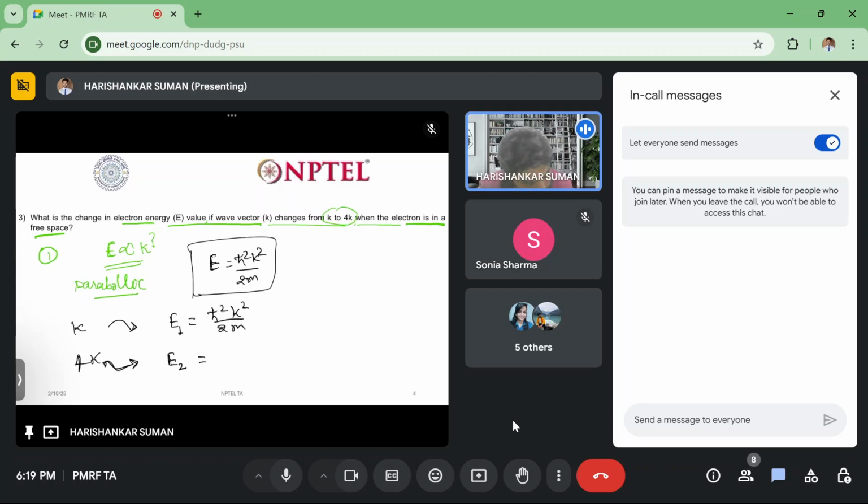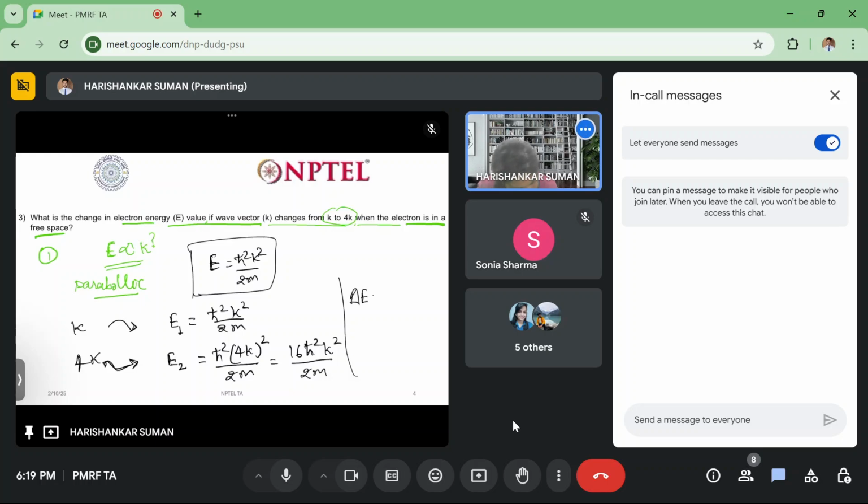This is the same, but in this case put 4k. Now calculate the change in energy.